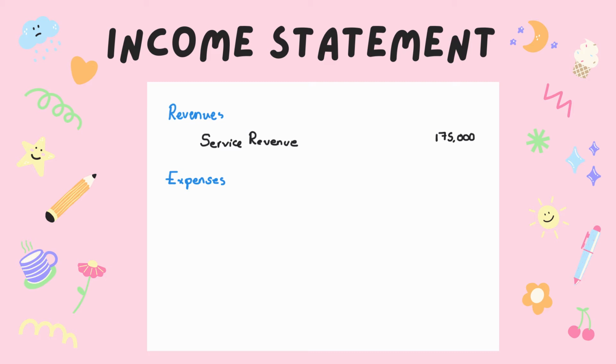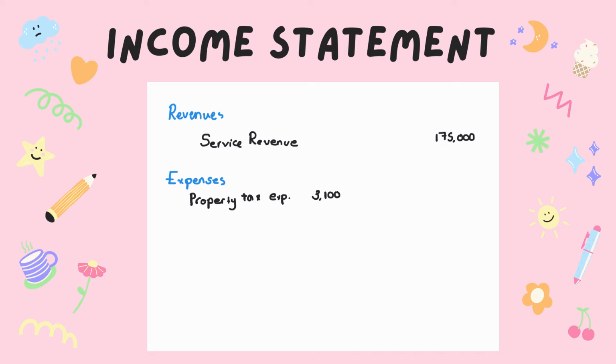Now I need to list down all of my expenses. So in the first column, we had property tax expense. And the amount is 3,100. You can check the file mentioned in the description area.